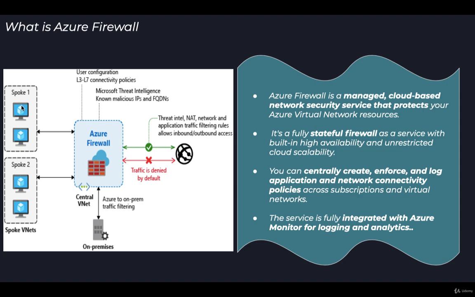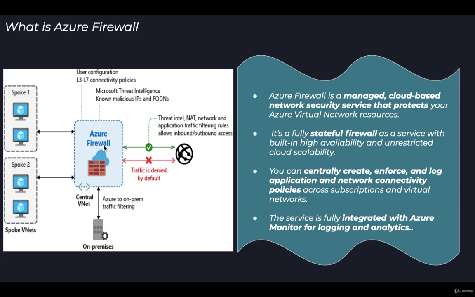All the traffic from those spoke VNets will pass through the Azure Firewall only. So if you want to pass traffic to the internet, it will pass through the Azure Firewall and then reach the internet. Don't worry, we'll have a demo as well, so you'll have a better understanding of how it actually works.